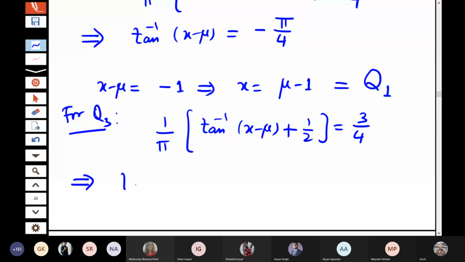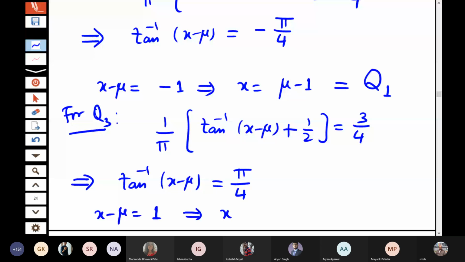So this gives me tan inverse of x minus mu is equal to pi by 4. So x minus mu is equal to 1. This means x is equal to mu plus 1, that is Q3. So we have determined the quartiles of this here.